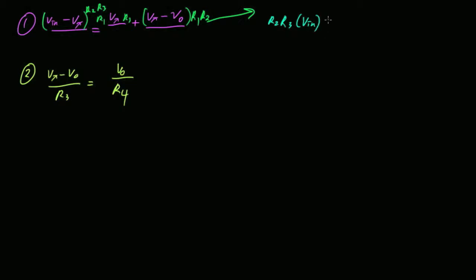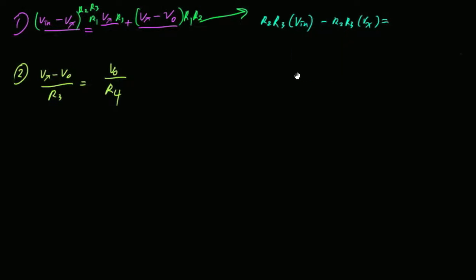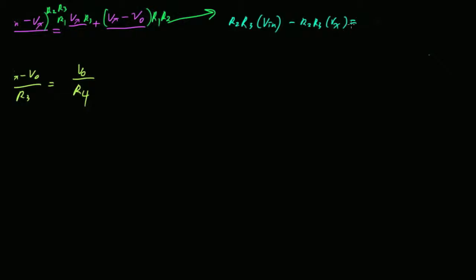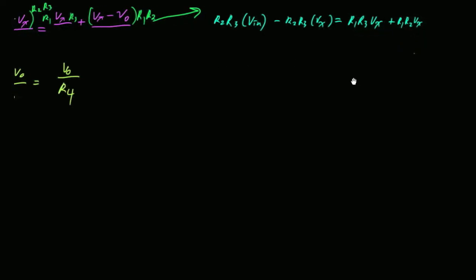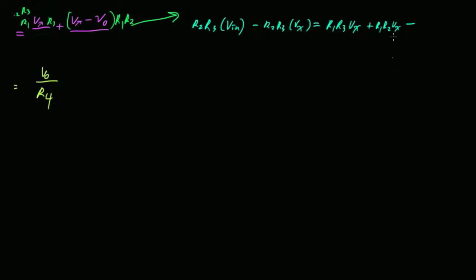Minus R2, R3, Vx equals, help a guy out here, R1, R3, Vx, that was the middle term, plus R1, R2, Vx minus R1, R2, V out.